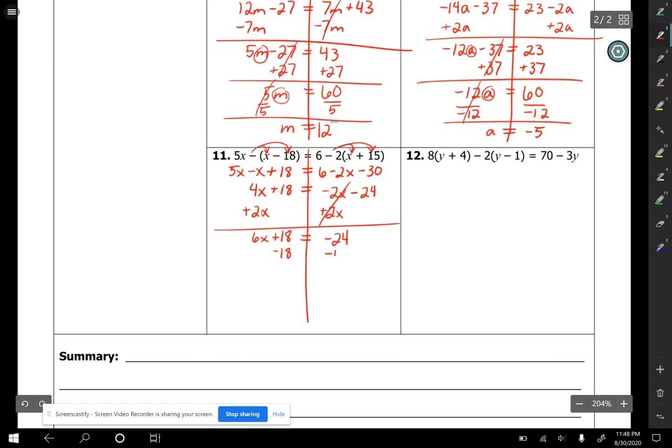Subtract 18 from both sides. 6x equals negative 42. Divide by 6 on both sides. X equals negative 7.